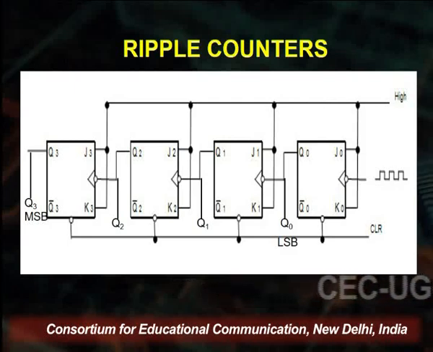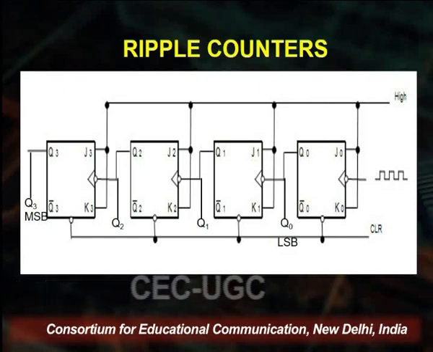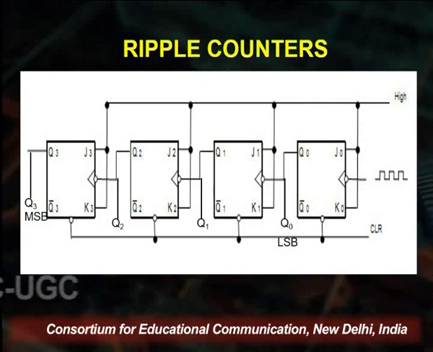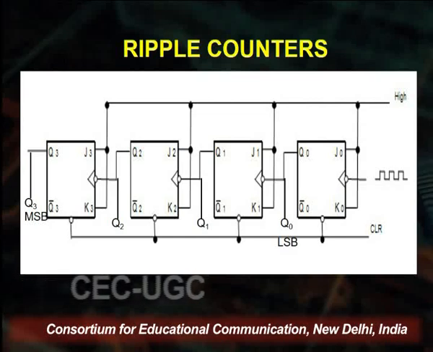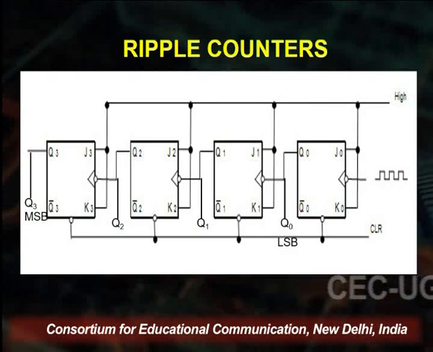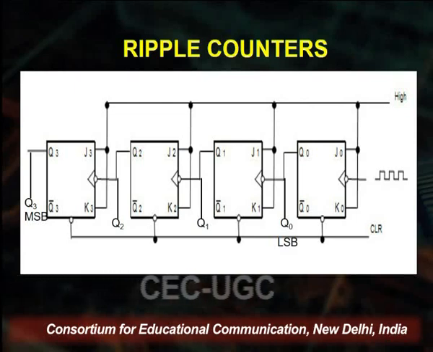After this, it is important to note that the output of the first flip-flop, that is J0, K0, is connected as the input for the clock for the next flip-flop, just adjoining the LSB. So what really happens is that for this case, the clock input of the second flip-flop is going from 0 to 1.